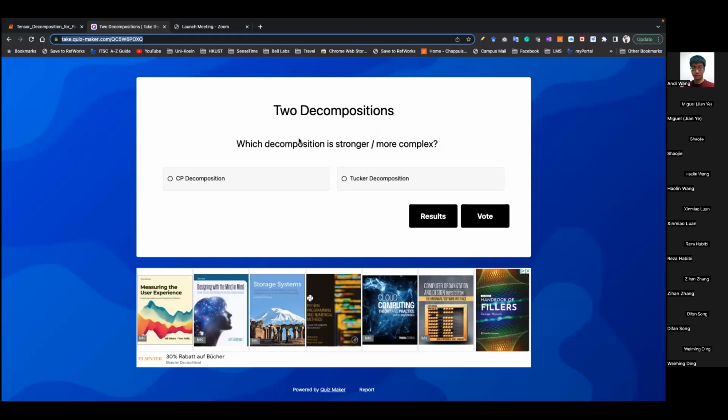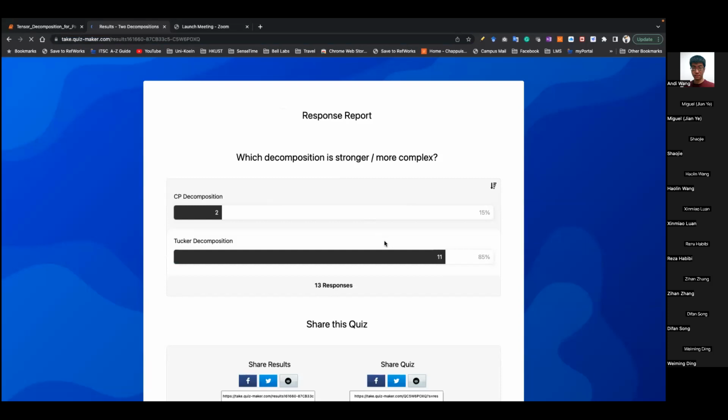Which one do you think is generally stronger or more complex? Whether it's CP decomposition or Tucker decomposition. So I will vote for Tucker decomposition because I know most of you also get it.